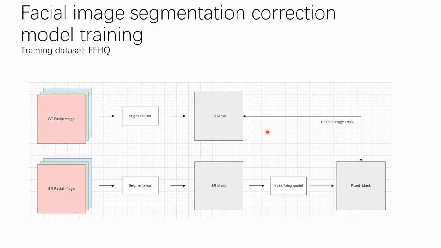And these two masks, we want to make the super resolution mask closer to the ground truth mask as possible, and so we put it into the mask repairment model, and the mask repairment model will generate a repaired mask, and in this process we use cross entropy loss to supervise if this repaired mask looks like the ground truth mask.